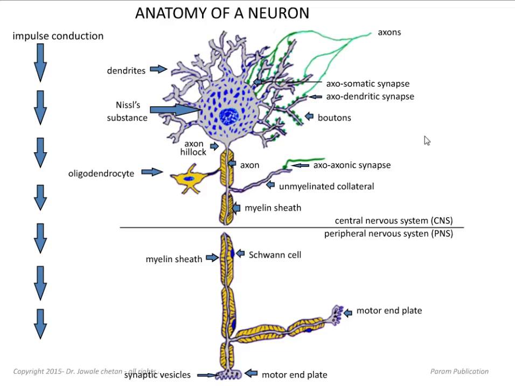Besides these, basophilic bodies are found in the cytoplasm. They are called Nissl bodies or granules, which are colored blue here. These are made up of chromatin.